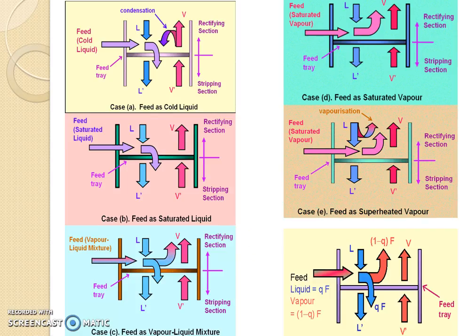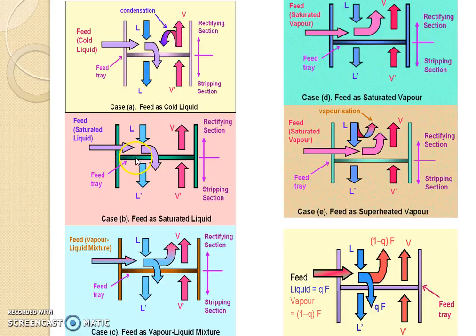These are the various situations for the feed. The feed may be cold, then all the feed comes to the stripping section, and some amount of the vapor is condensed.